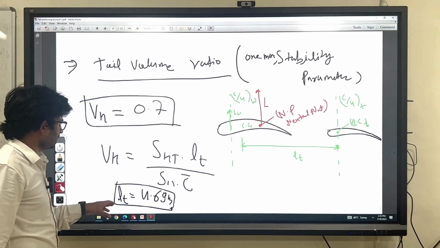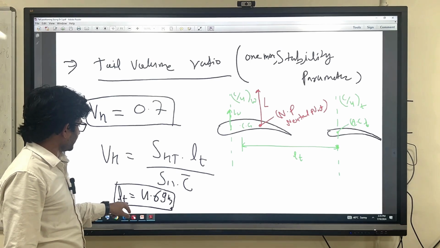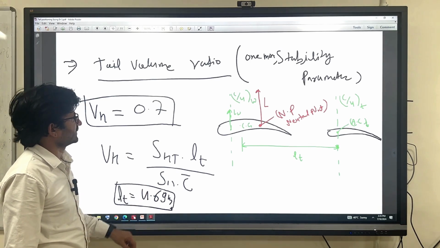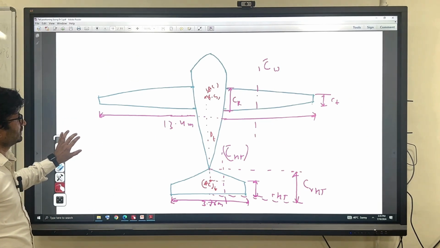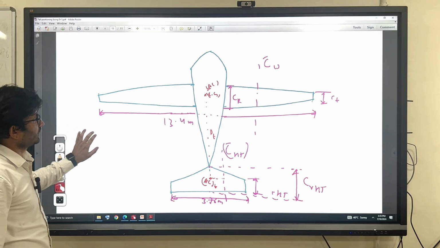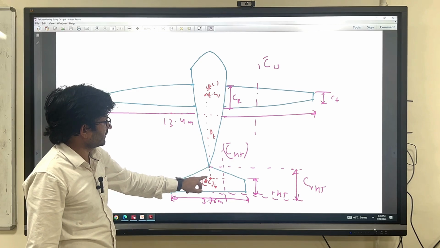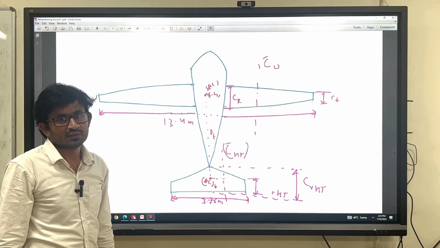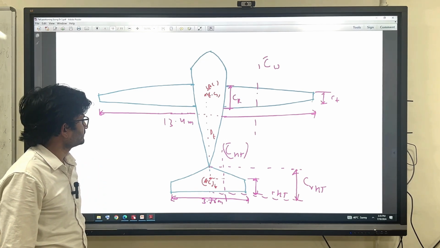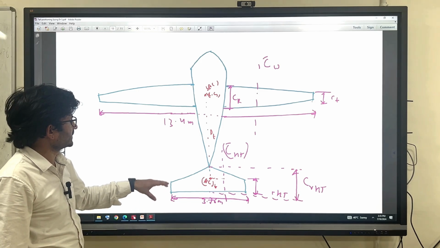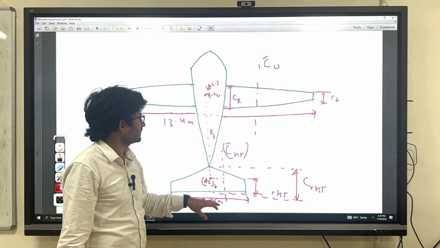So now from this VH, which I have selected as 0.7, the LT is coming 4.69. If you have a CG, you can place your tail using this tail arm which we have found, LT. So this is how a typical position of the tail will look.